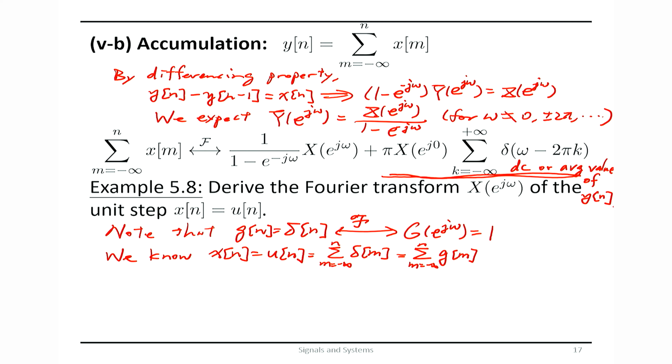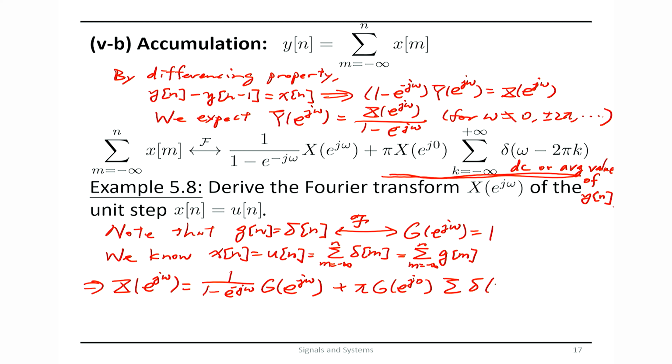So the Fourier transform, by applying the above formula, should be 1 over 1 minus e to the minus j omega times G of e to the j omega, plus pi times G of e to the j 0 times the summation of delta of omega minus 2 pi k, from minus infinity to infinity.